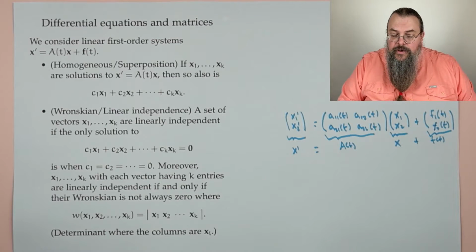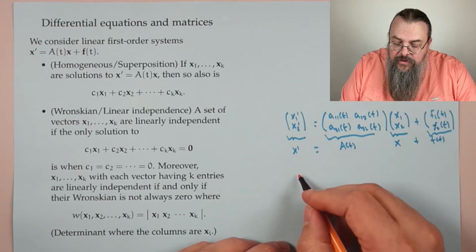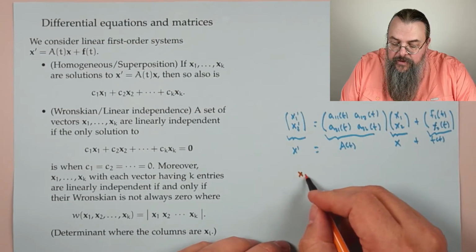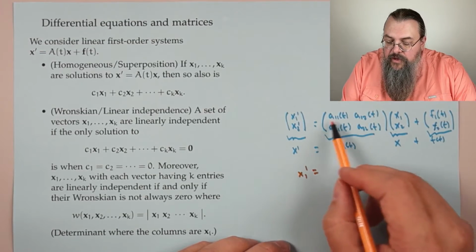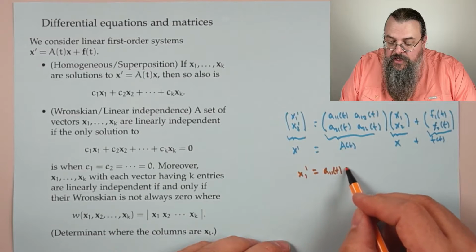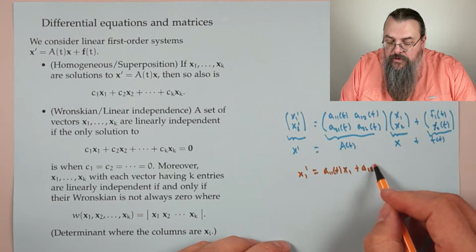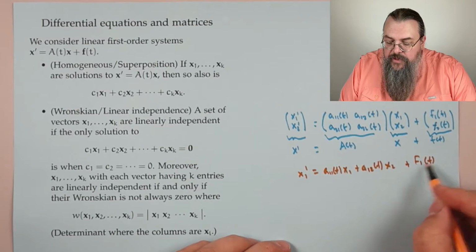Well, if we just think about what's happening, this really is a system. The top equation, x1 prime equals, you carry out the multiplication, a11 of t x1 plus a12 of t x2 plus our f1 of t.